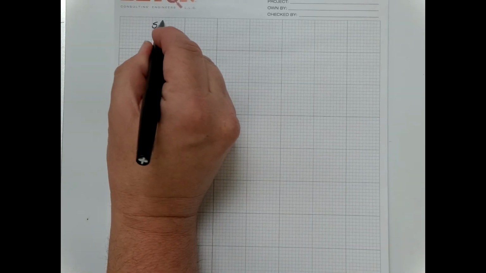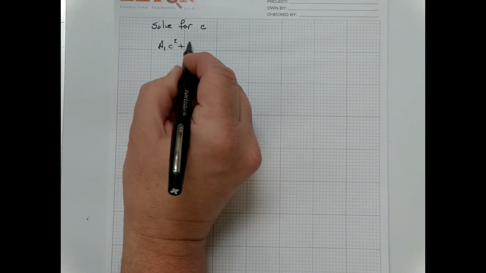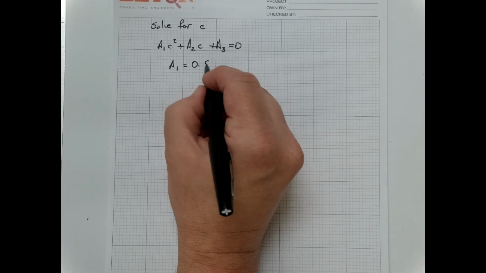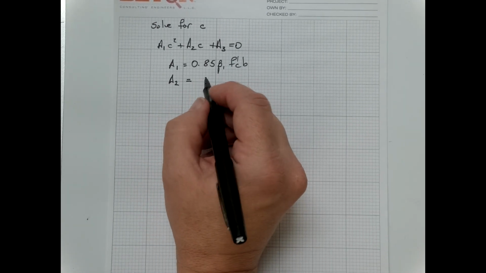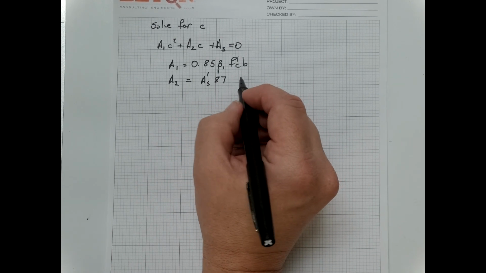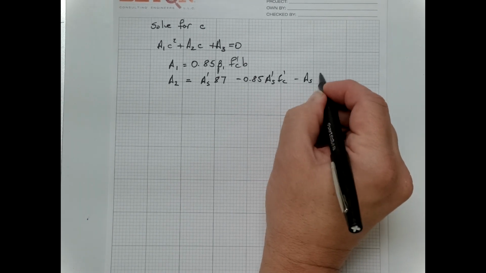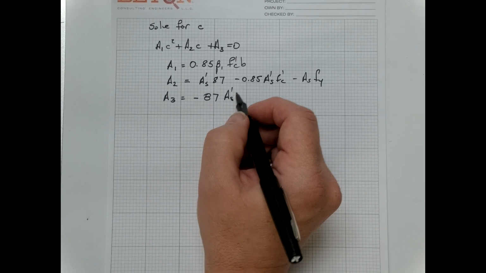If that is true, we solve for C from the equation A1 C squared plus A2 C plus A3 is equal to 0, where A1 is equal to 0.85 beta 1 F prime c B, A2 is equal to A prime S multiplied by 87 minus 0.85 A prime S F prime c minus A sub S F sub y, and A3 is equal to negative 87 A prime S D prime.